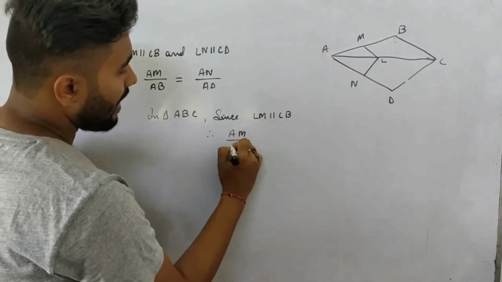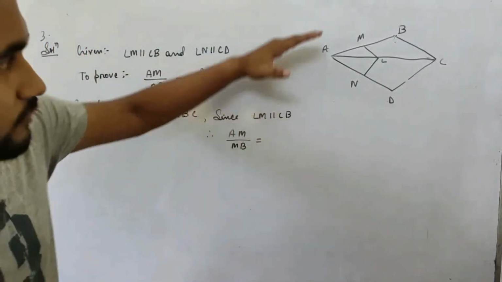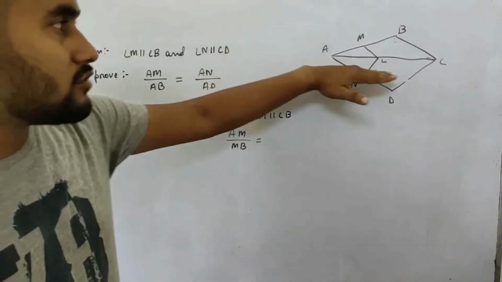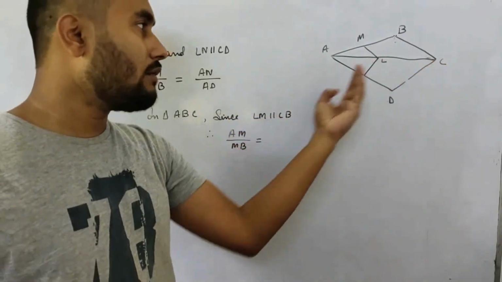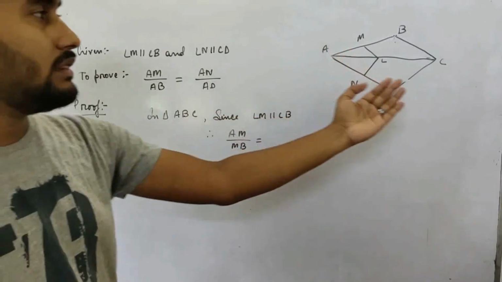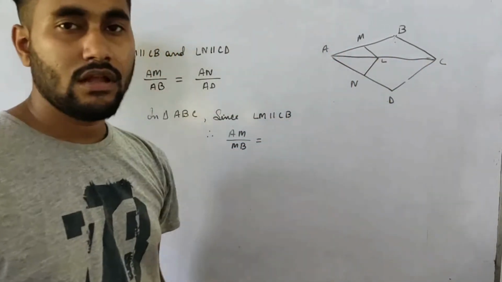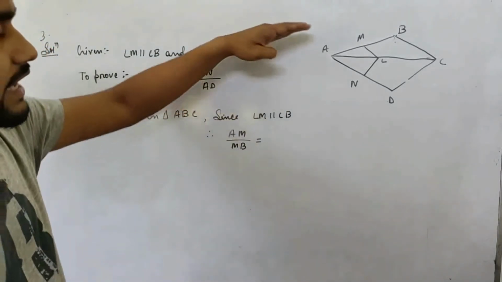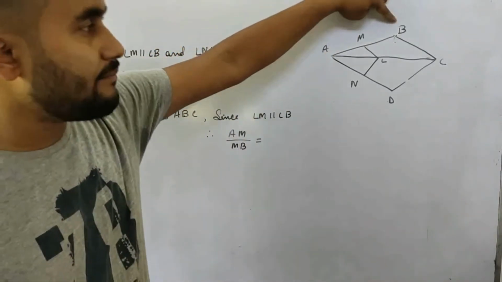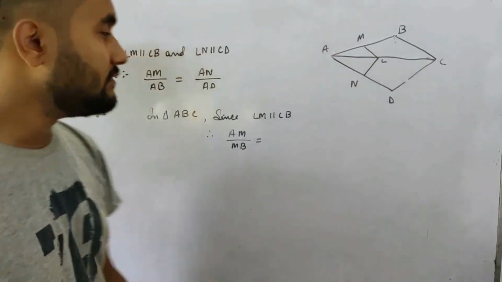AM by MB will be equal to what? Now remember, if you go this way, then on this side also you have to go this way. You cannot come this way. And if you come this way, say MB by AM, then you have to come this way only. That will become CL by LA. Understood? So since I have gone this way, AM by MB, I will go this way, AL by LC.